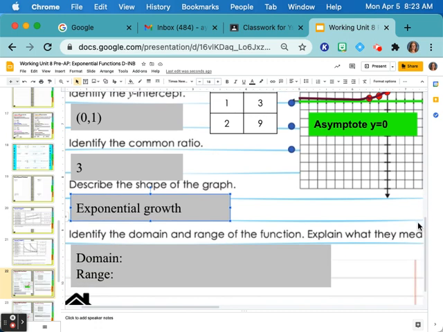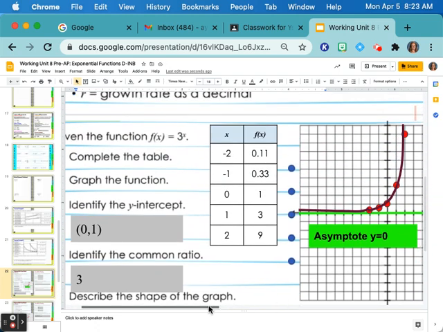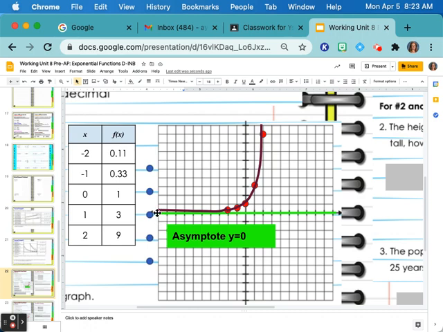Identify the domain and range of the function. Explain what they mean. Do y'all remember what domain represents? The x values. So if we look at from negative 10 to positive 10, what do you notice about the x values? Is anything off limits?